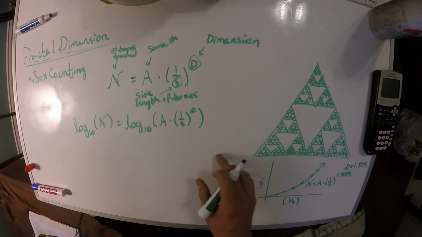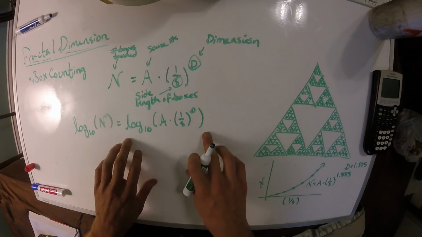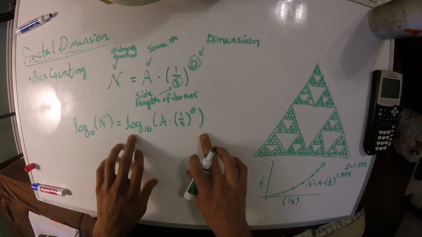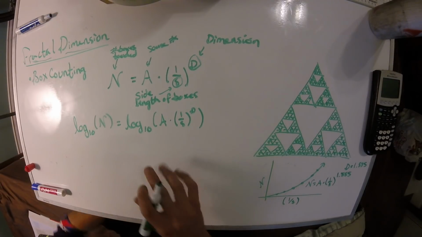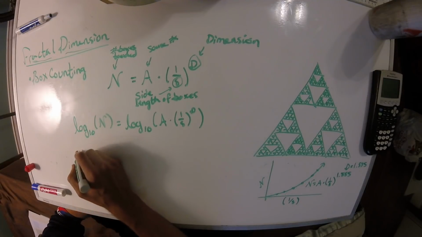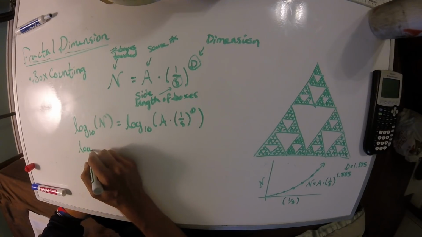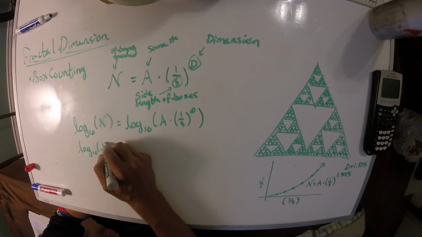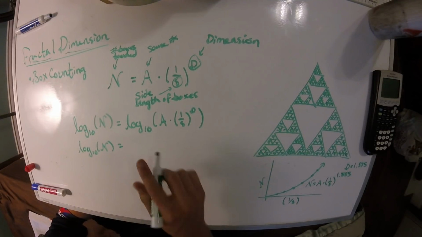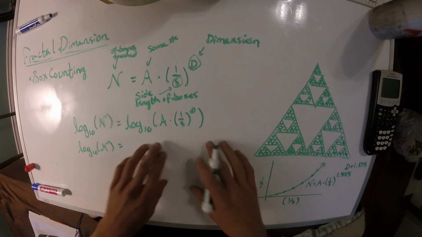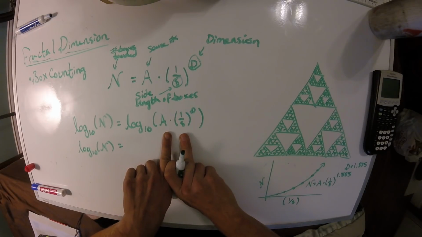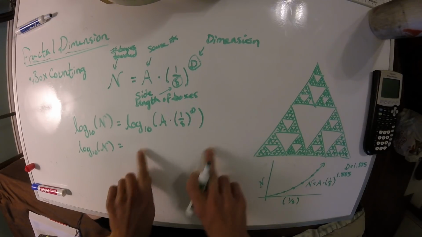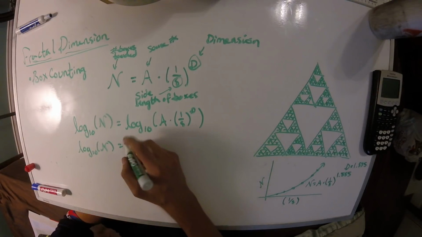Now we can apply a bunch of transformations to this side that make it much easier. So we'll have still log 10 of n on this side, but on this side, log rules tell us that if we have two things being multiplied inside a log, they split up into separate logs that are being added.